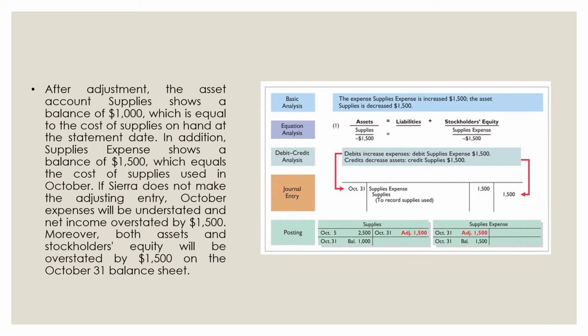If the company does not make the adjusting entry, the October expense will be understated by $1,500, and net income will be overstated also. Moreover, both assets and equity will be overstated on the balance sheet. That's why we need to make these adjustments.